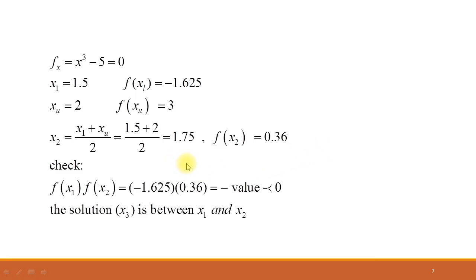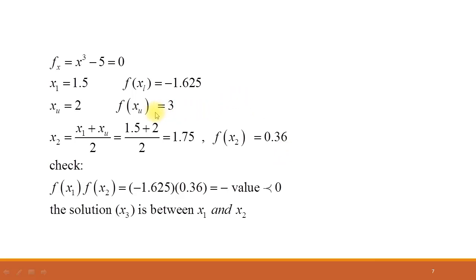Now to find the third root, check the sign of the function for this x2. When we put x2, 1.75, in the given equation, we obtain 0.36. Now this is positive, and now check the sign of the function at the previous values.